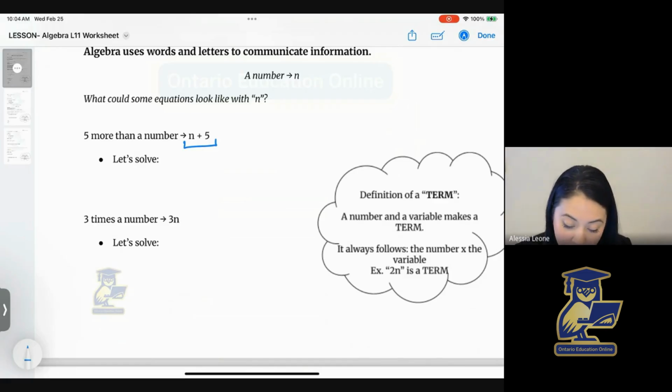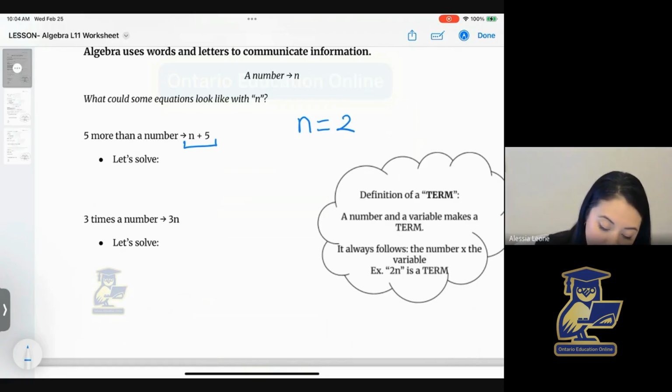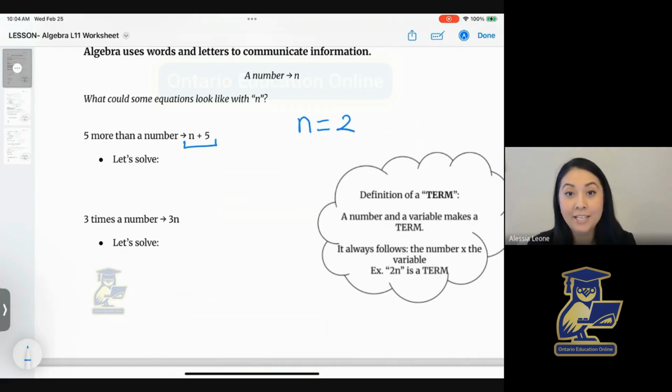We can solve that, and we just need to decide on a number. So let's say our number is 2. Let's make N 2. So now we have to put that number N into our equation. N plus 5. So 2 plus 5 is 7.